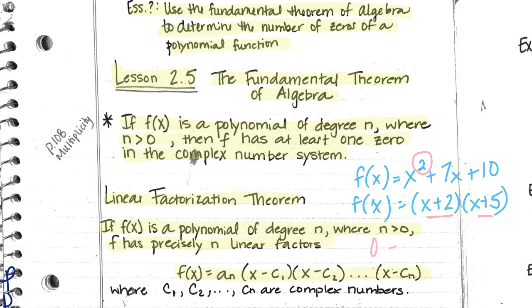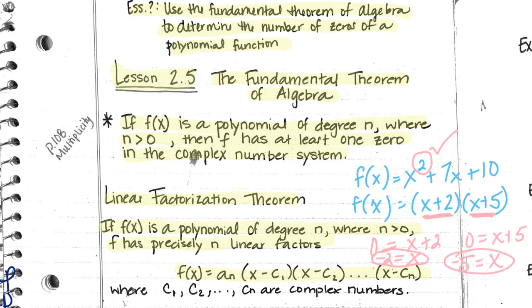And if I was to solve this, I would make it equivalent to 0. And when I subtract, x would be negative 5 and x would be negative 2. So it has 2 as the exponent. It has 2 linear factors and it has 2 zeros.